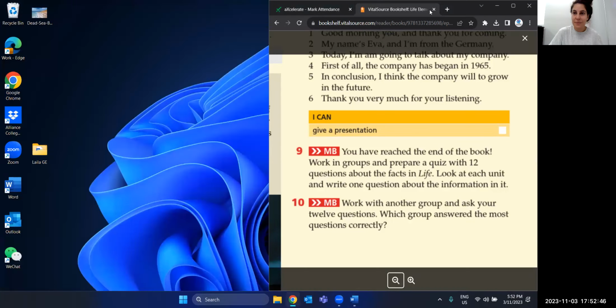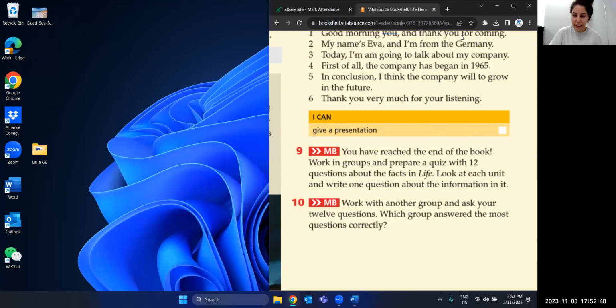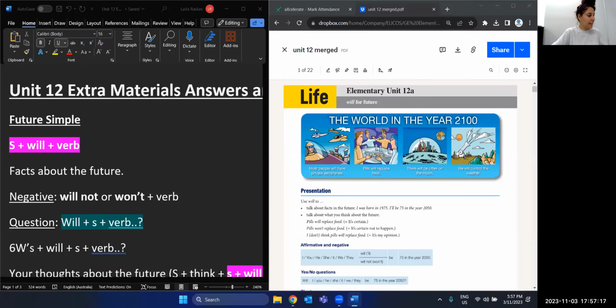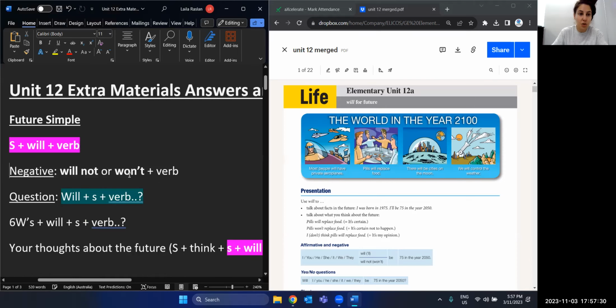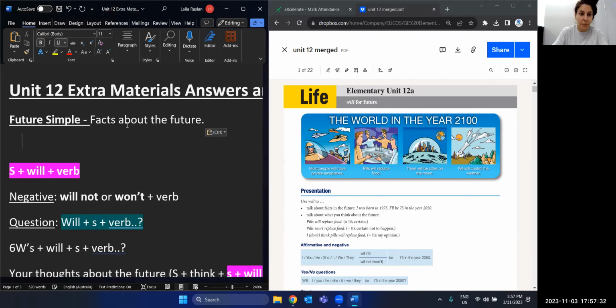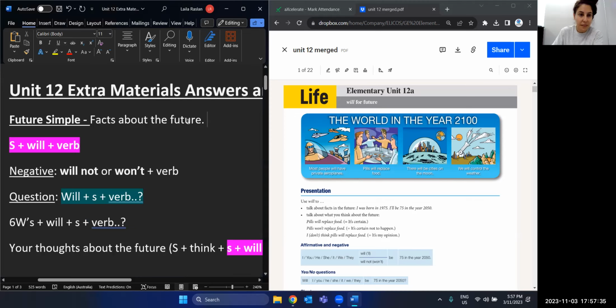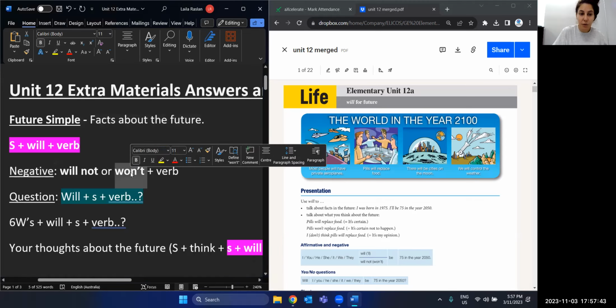Let's look at our extra material. Okay, so just a quick recap about the future. Subject, will, verb. There's no other words in between them. We use it to talk about facts. That's true information about the future. Okay, so anytime we have true information, we want to talk about something, make a negative, we know it's won't.